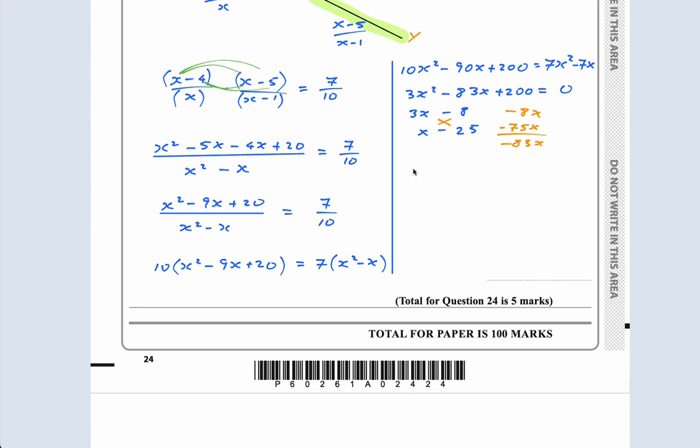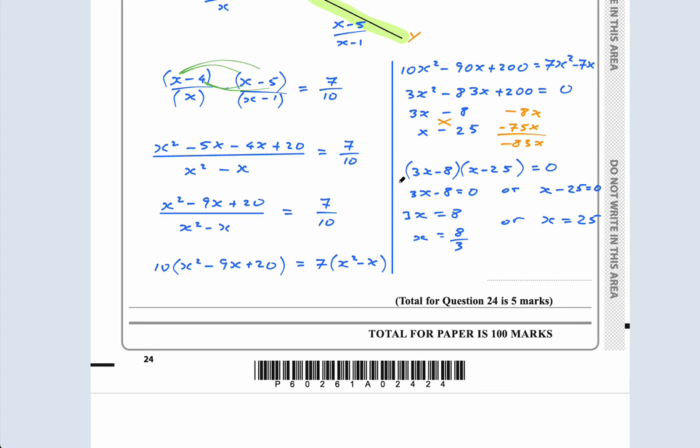I have 3x minus 8 times x minus 25 equals 0. 3x minus 8 equals 0, or x minus 25 equals 0. 3x equals 8, x equals 8 over 3, or x equals 25.